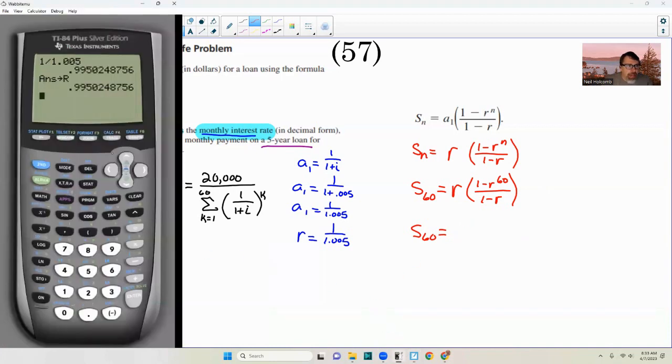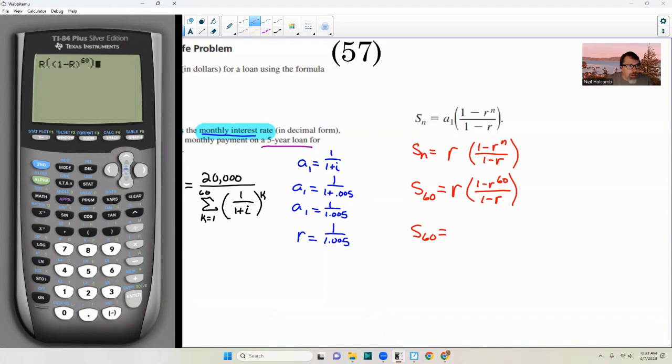Okay, so now I'm going to clear my screen. Remember, r is stored. So it's going to be alpha r. Here's my r, parentheses, another parentheses for my numerator, 1 minus r, close those parentheses. That's to the power of 60. And then close, whoops, delete, get out of the exponent, close those parentheses.